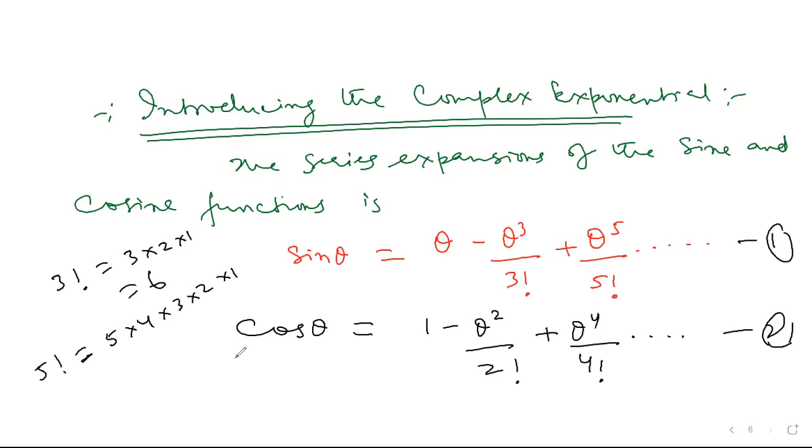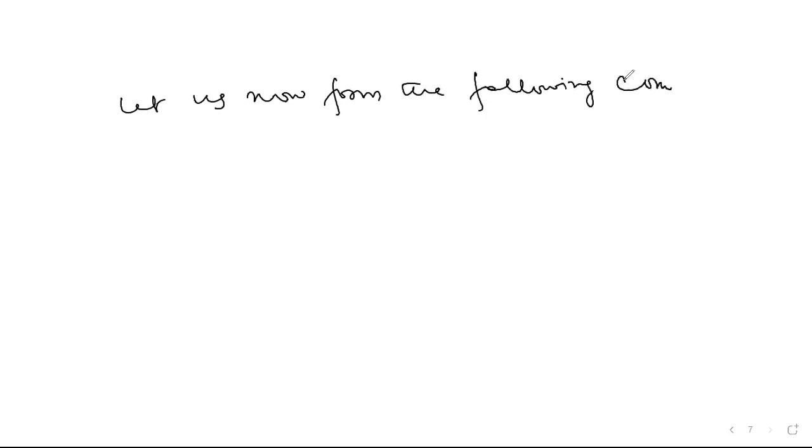Now let us form the following combination: cos theta plus j sine theta.